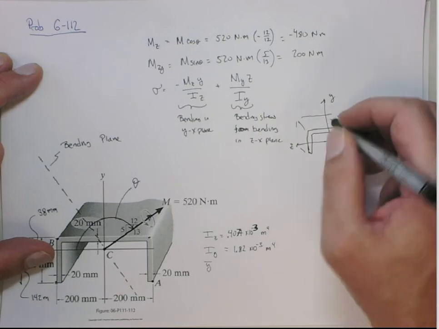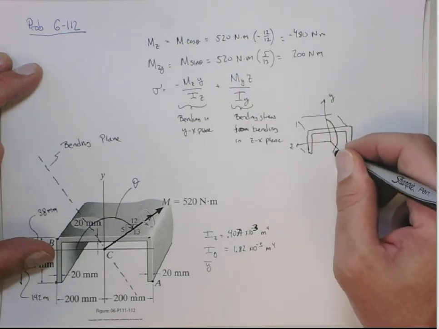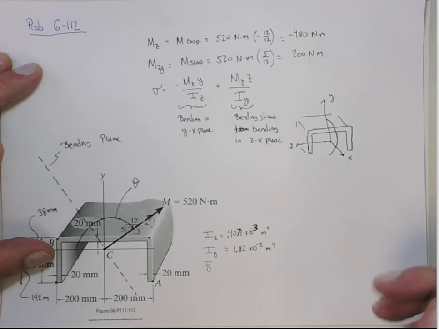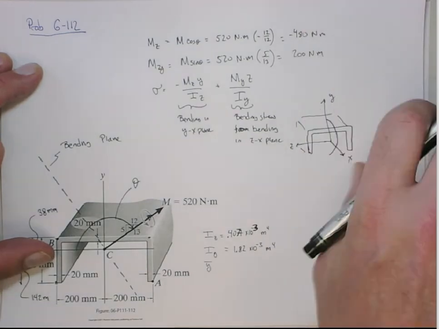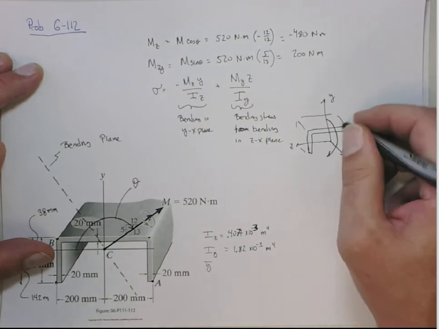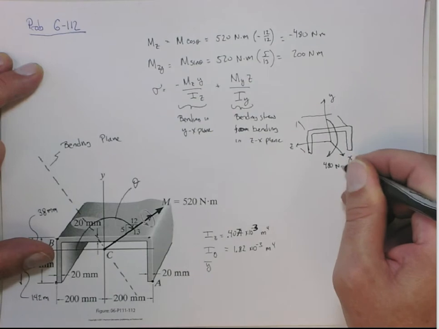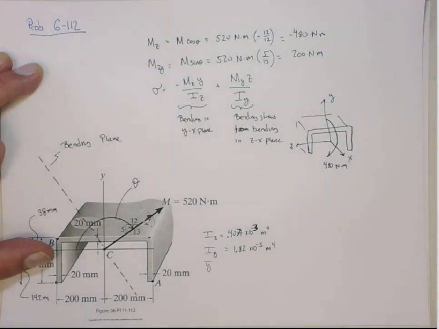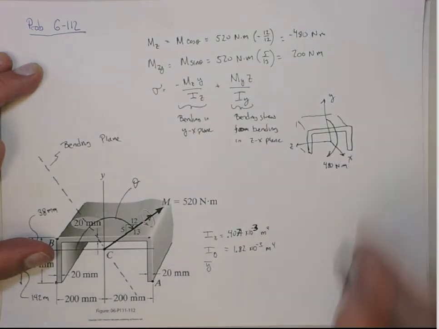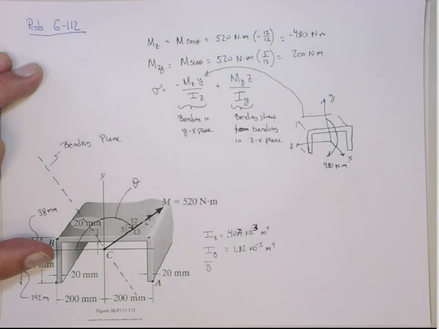So this would be as if we had a bending that went around like this. Let me get the sign right. It's a minus 480, so that's actually going down this way, right? Where this is 480 Newton meters. All right, so we figure out the stresses in that situation. This is what's giving us that term.